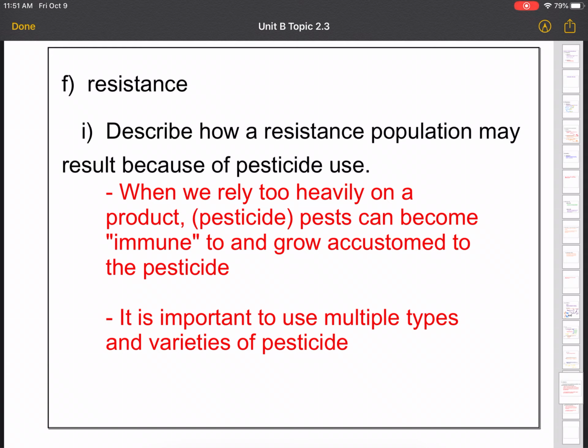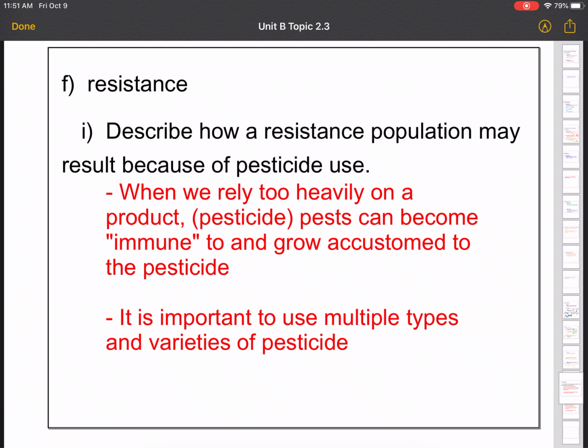You might know this or have heard of this when you're talking about antibiotics. If you're sick, if you don't take the full amount of your antibiotics, the bacteria in your body can produce a resistance, and then the next time you try and take those antibiotics, they're not going to work at all. So that's the same with pesticides.